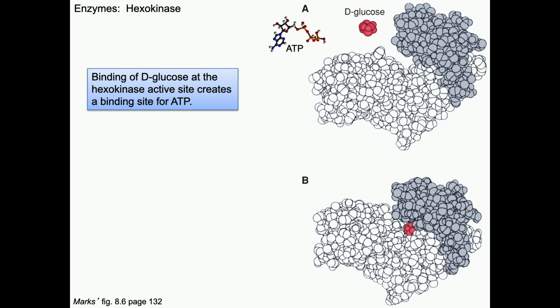When it does that, it then creates an ATP binding site that is, and you know, my PowerPoint art skills aren't great here, but the ATP binding site is putting that phosphate of the ATP right at the number 6 carbon of the glucose and allowing that reaction to happen.